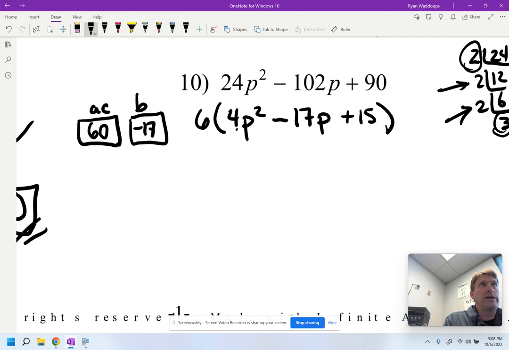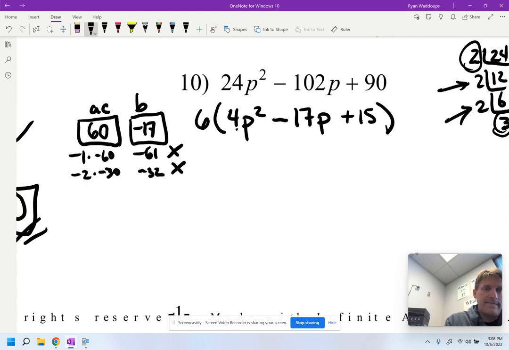And so when I multiply two numbers to get 60, they both have to be negative in order to get a negative result for B. So I'm going to put negative 1 times negative 60, and that'd be negative 61 when I add them. No. Negative 2 times negative 30, negative 32 when I add them. No. Negative 3 times negative 20, that's negative 23 when I add them.